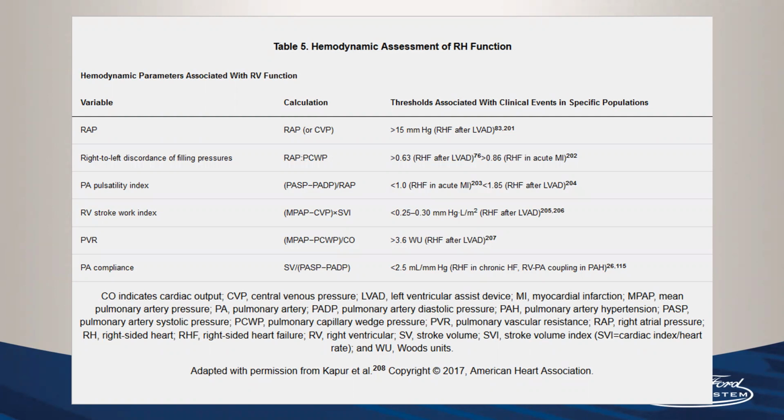So if your right atrial pressure is 15 and your wedge is 30, is that RV failure? What happens if your RA is 15 and your wedge is 15? Is that RV failure?